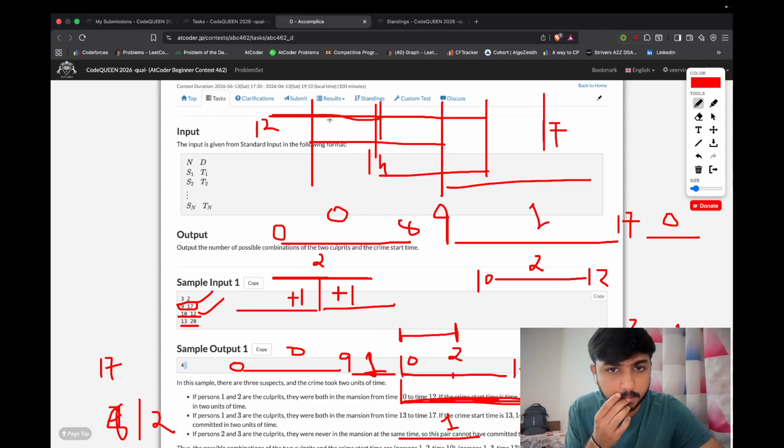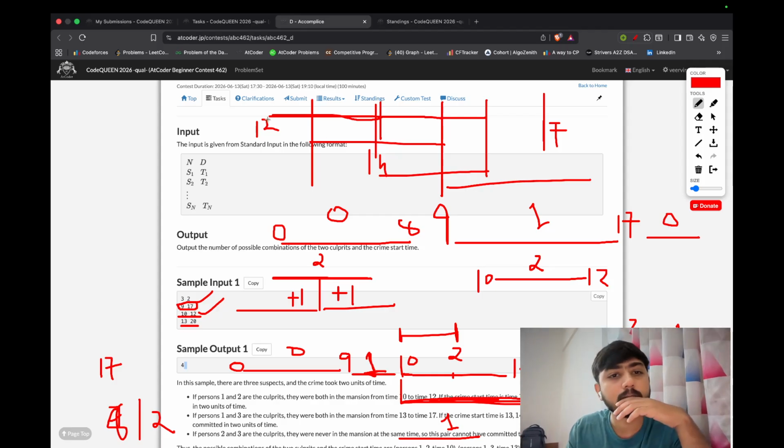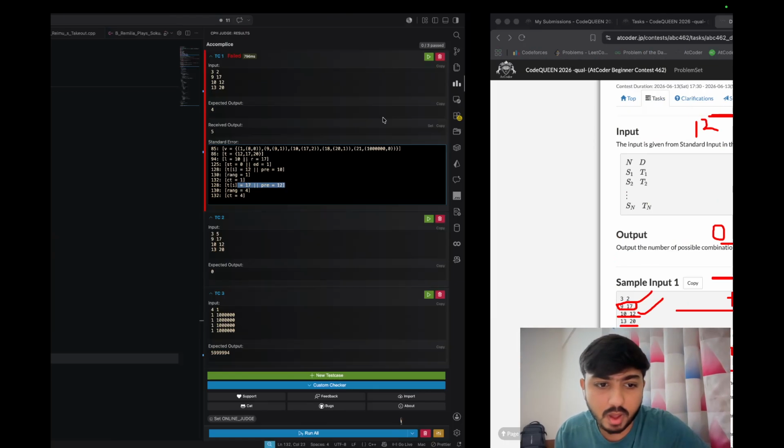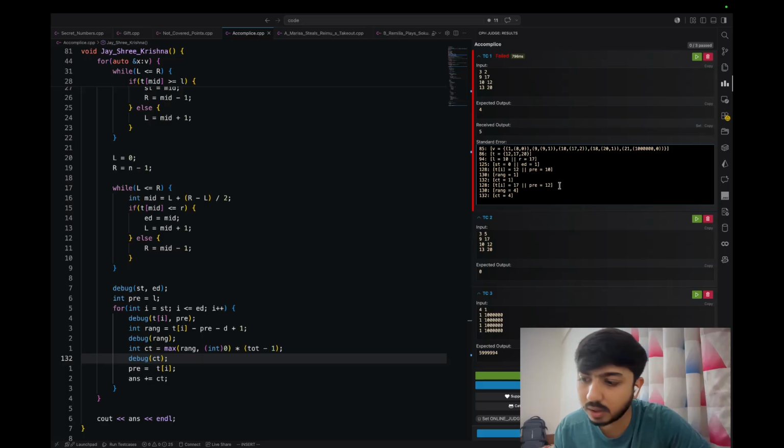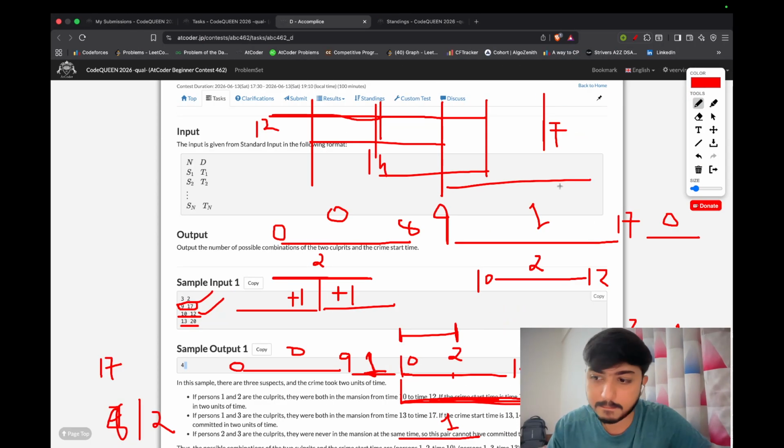12 to 13, 13 to 14. What is the range actually? Wait a minute.